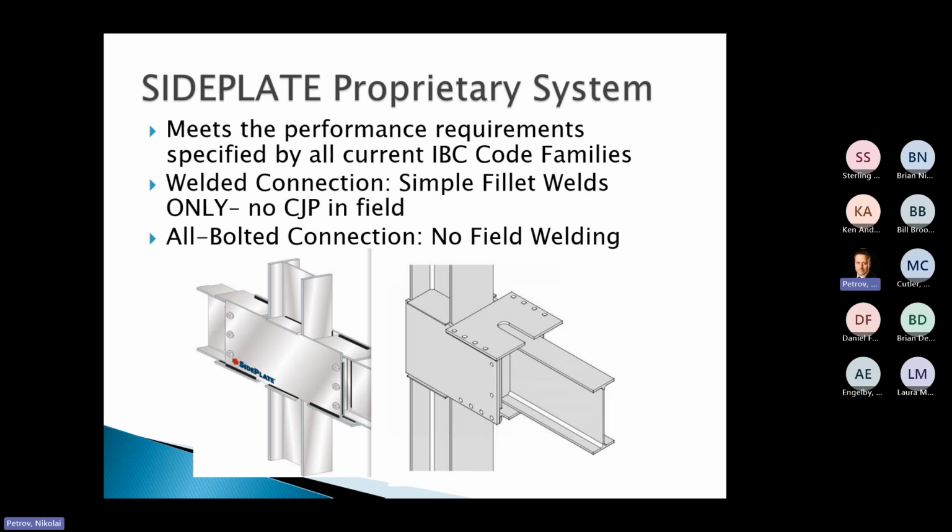So the basic idea behind side plate is you have this set of plates on either side of your connection, okay? And it basically takes the connection and pushes it out into the beam so that you've got a tremendous amount of additional strength right at the connection between the beam and column from this added reinforcing provided by the plate. You also have the opportunity for ductility to happen within that plate.